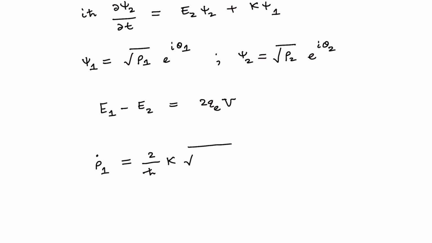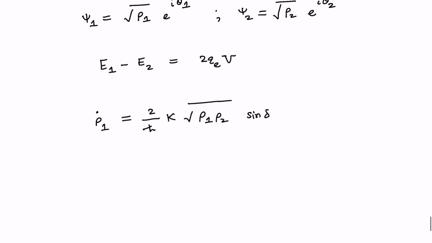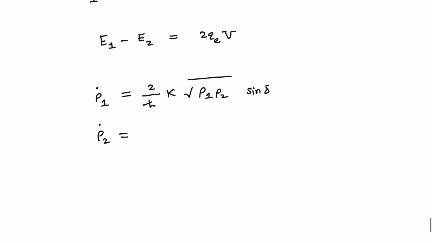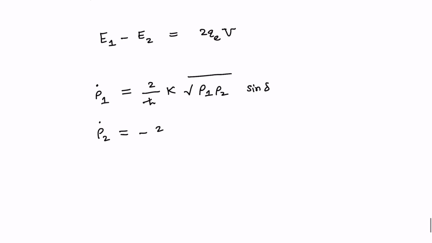So the first one is rho 1 dot is equal to 2 by h bar k square root of rho 1 rho 2 sine delta, and rho 2 dot is equal to minus 2 by h bar k square root of rho 1 rho 2 sine delta.